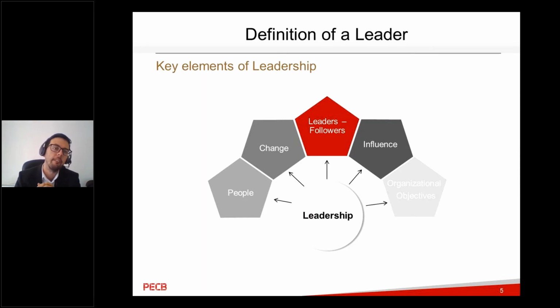And finally, we have the concept of change, because leaders are the ones that have the entrepreneurial blood in them. So it is expected from leaders to transform the workplace and the organizations. They are the pioneers and the ones that tend to seek outside of the box. So in the following slides, we will try to cover each of these elements of leadership in turn.